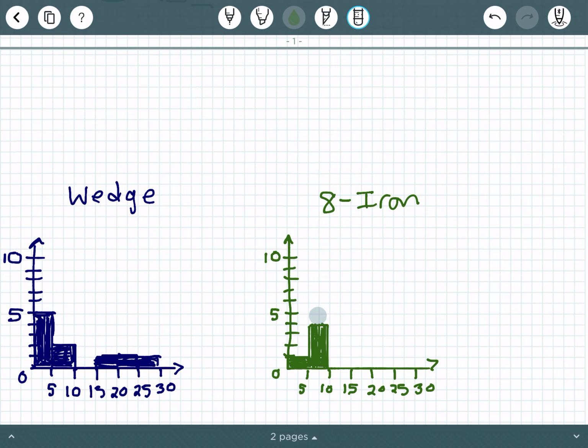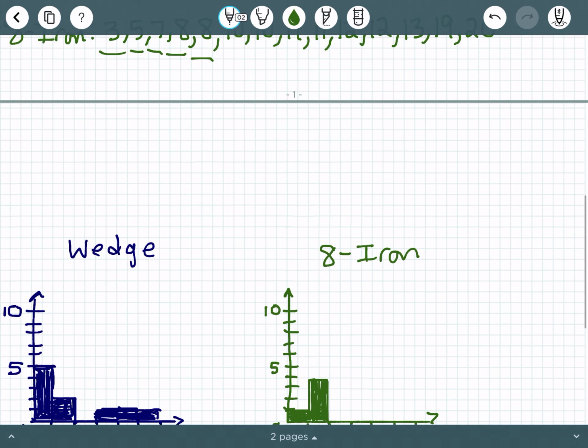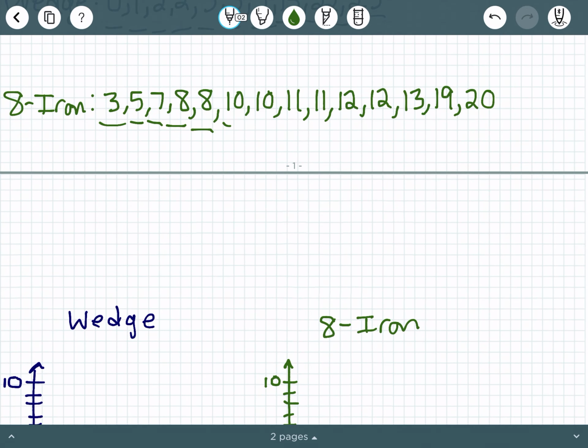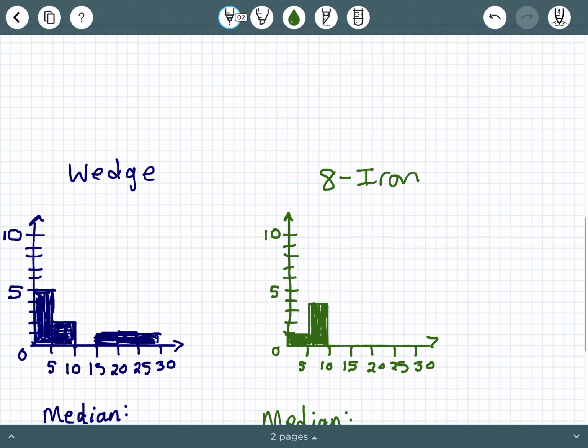Let me clean that top up there a little bit. Okay. My next range goes from 10 to 14, so let's see how many of those we have. We have 1, 2, 3, 4, 5, 6, 7. All right, so my next bar is going to go all the way up to 7.